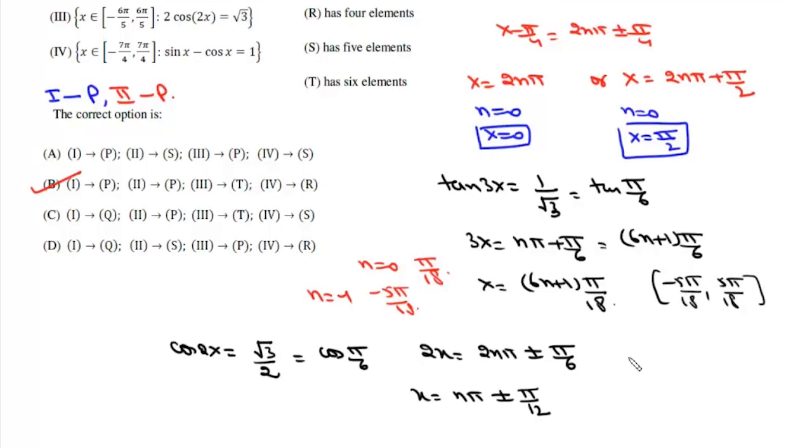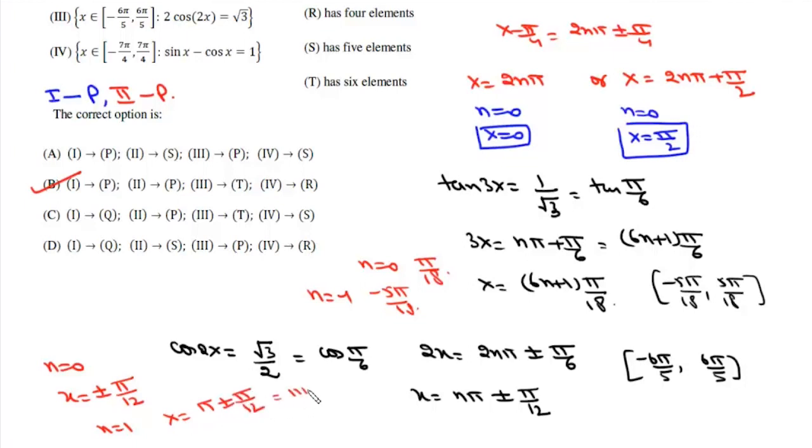Now we need to find it in the interval minus 6 pi by 5 to plus 6 pi by 5. Now if we put n as 0, we'll get x as plus minus pi by 12. If we put n as 1, we'll get x as pi plus minus pi by 12.